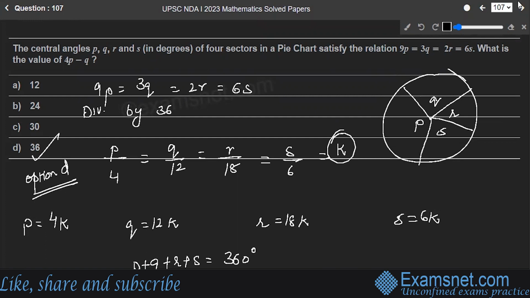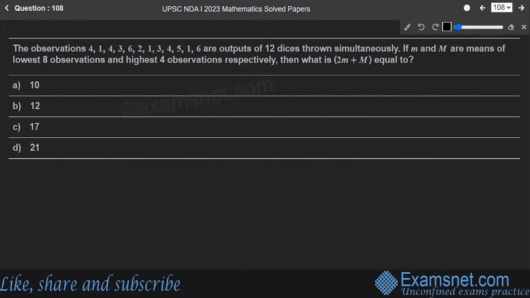Hope you understood. Next, question number 108. The observations 4, 1, 4, 3, 6, 2, 1, 3, 4, 5, 1, 6 are outputs of 12 dice thrown simultaneously. If capital M and small m are means of lowest 8 observations and highest 4 observations, then 2 small m plus capital M is equal to what? So let's understand first.